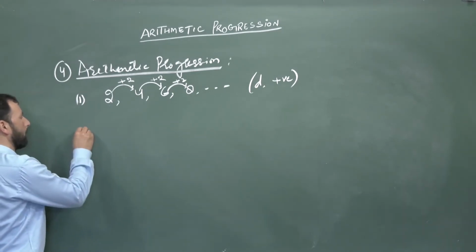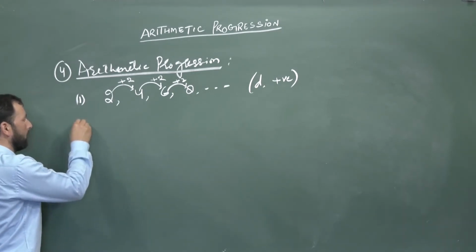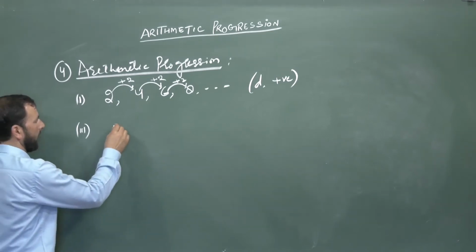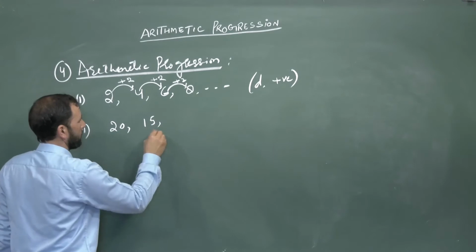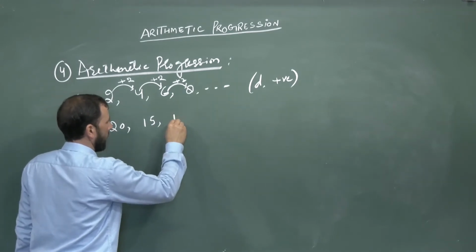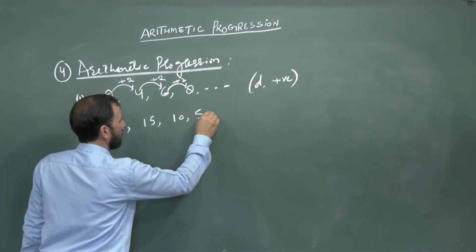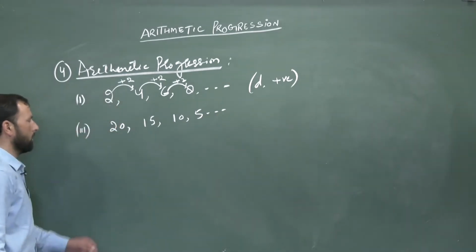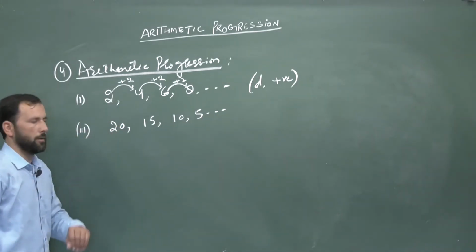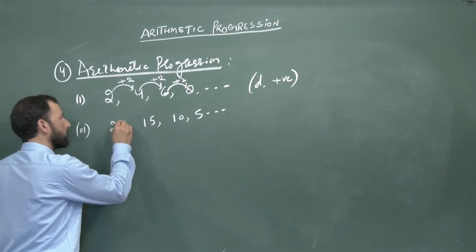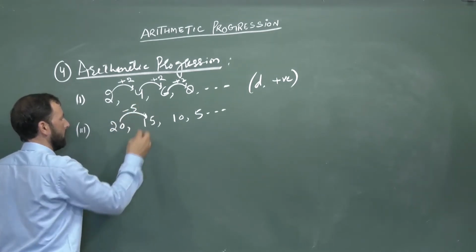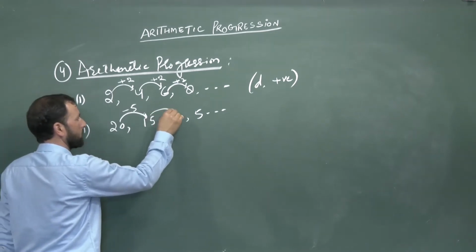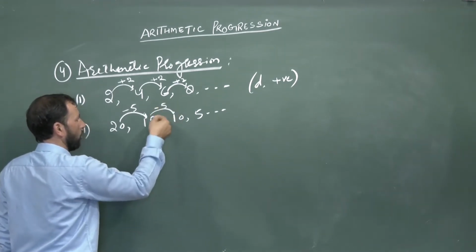Now the second example is here. If we take the second one, we can write it as 20, then 15, then 10, then 5 and so on. Here we have 20. If we subtract 5 from this 20, we get 15. If we subtract 5 here, we get 10.